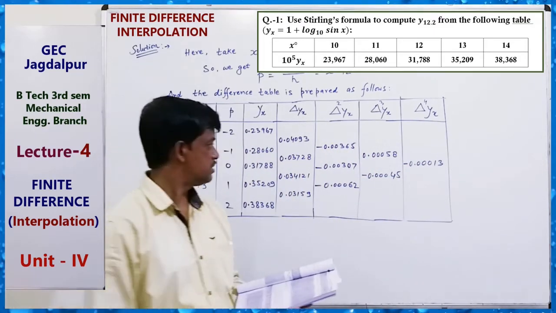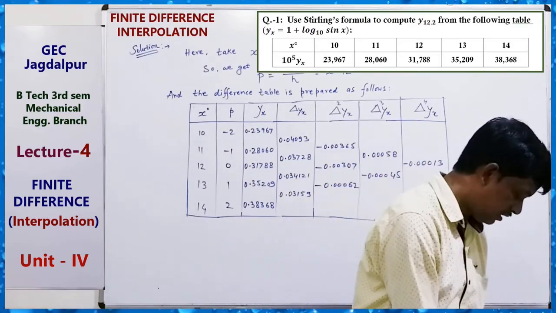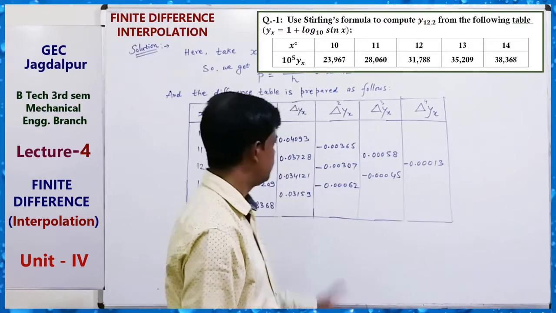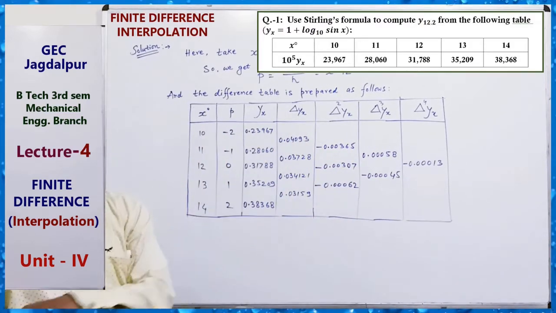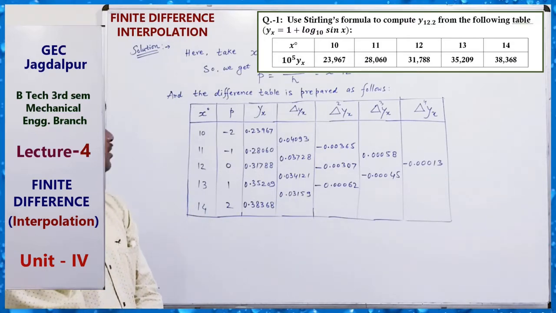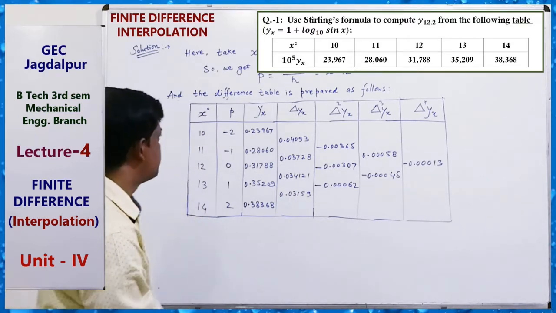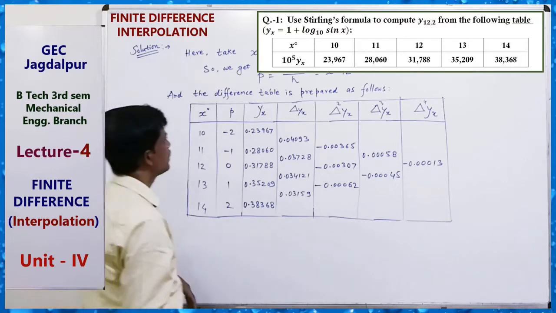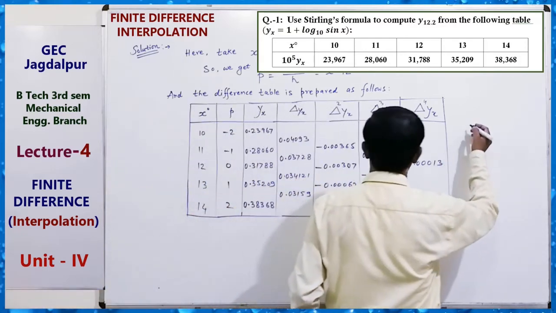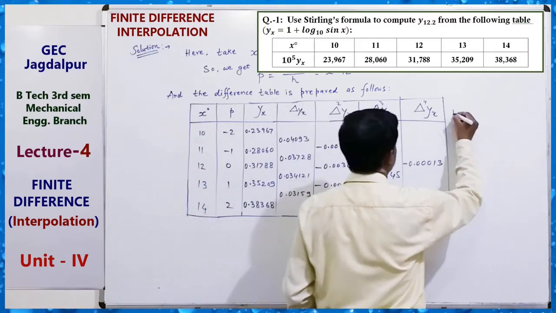So this is the table. Table making is just subtract and write. Now we have to find the value.